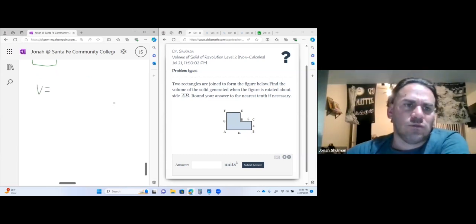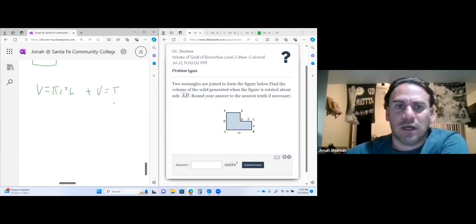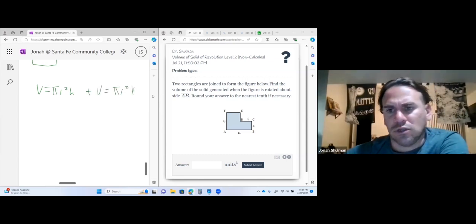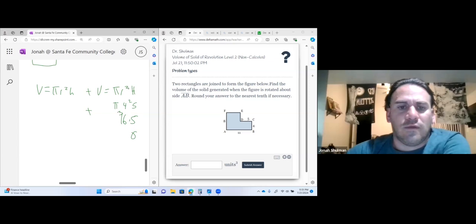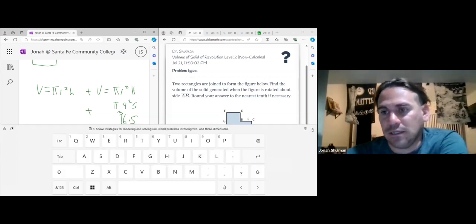So volume equals pi r squared h plus volume equals pi r squared h. If it's spun around, that's the radius. So the radius is 4, the height is 5. So the little one is 5, 4 squared pi's. I'm going to add them together. So here's 16 times 5, 80 pi's. Cool.